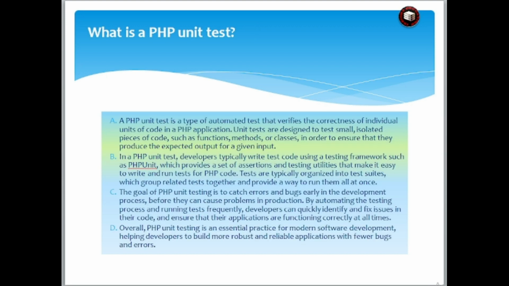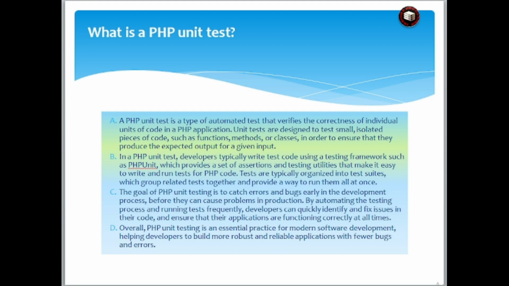Next, PHP unit tests. A unit test is a type of automated test that verifies the correctness of individual units of code in a PHP application. Unit tests are designed to test small, isolated pieces of code, such as functions, methods or classes in PHP, to ensure that they produce the expected output for a given input.